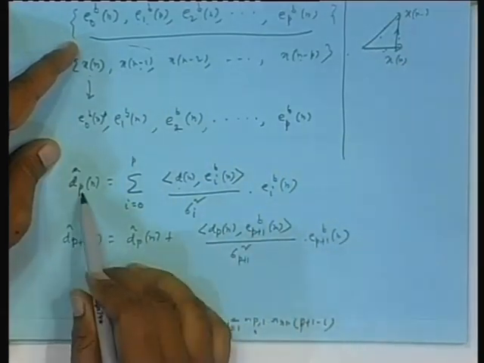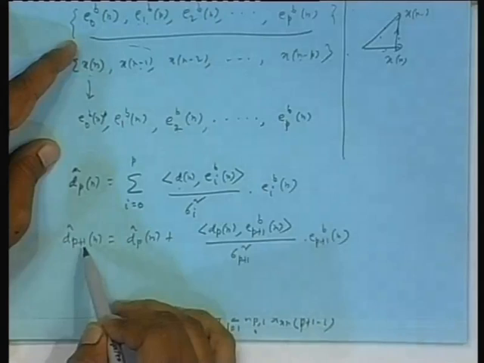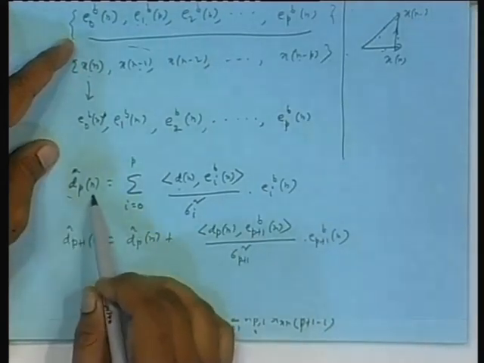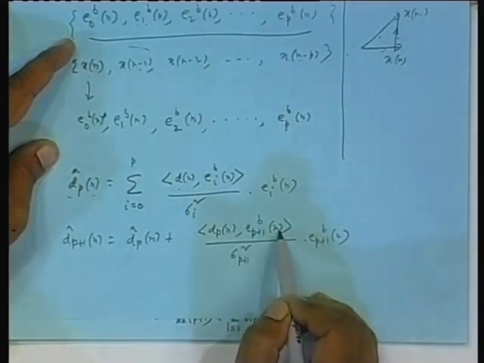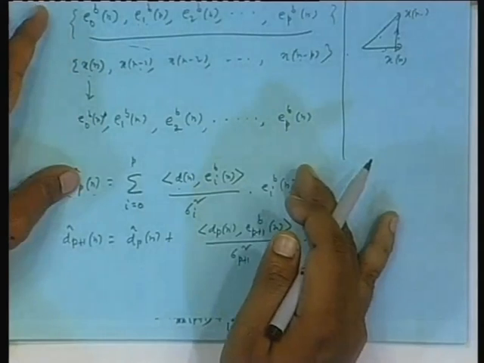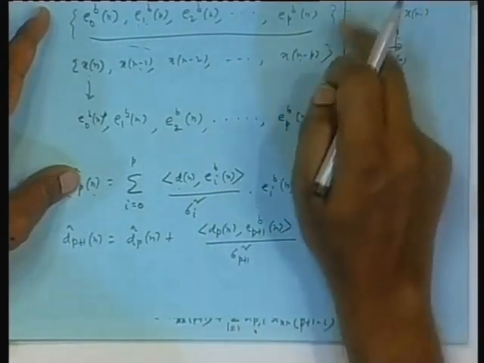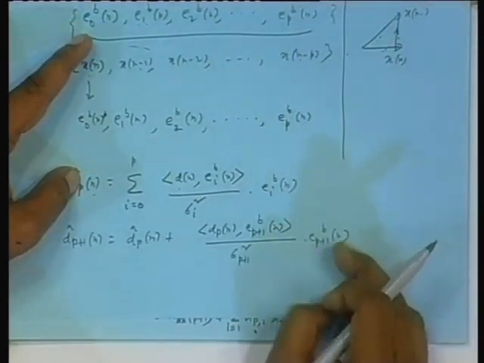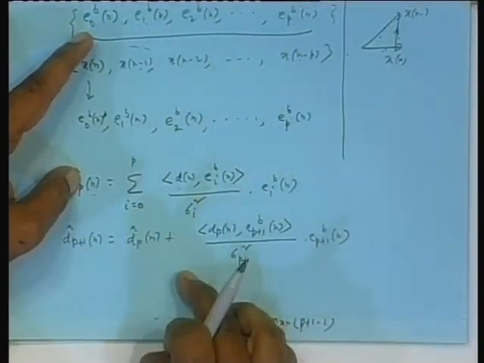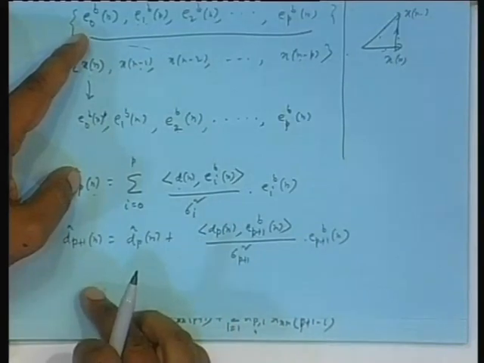And if you know the pth order projection and you want to find the p plus 1 order projection, it is very simple. To this you have to add this extra term with the new fellow, p plus 1 bn. Up to this was there, you are adding one extra chap here, just project it orthogonally on the space spanned by this, take the error, that error is this, you just compute this extra projection. So, you understand, recursively it can be obtained.